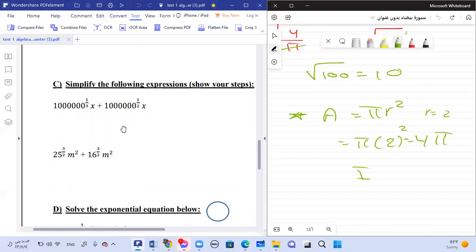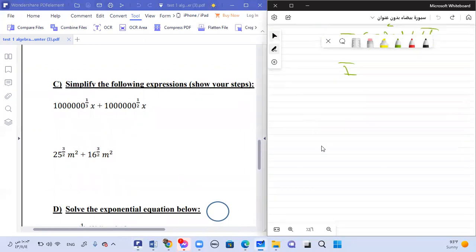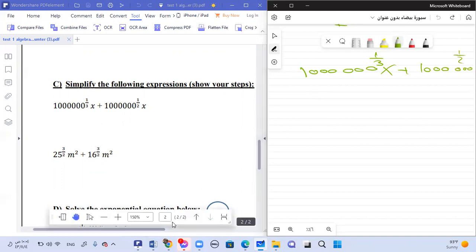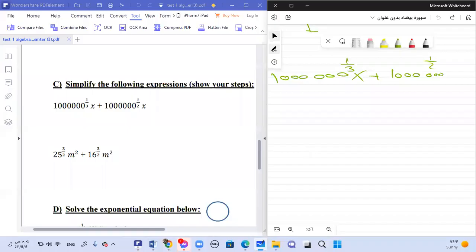You can use the calculator for this part, or without the calculator, as we explained before. A million to the power of a third times x plus a million to the power of a half times x. Use the calculator to find the answer.